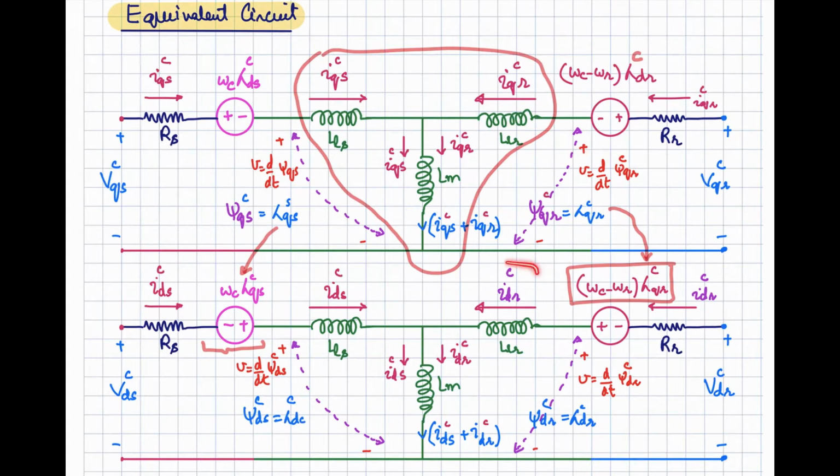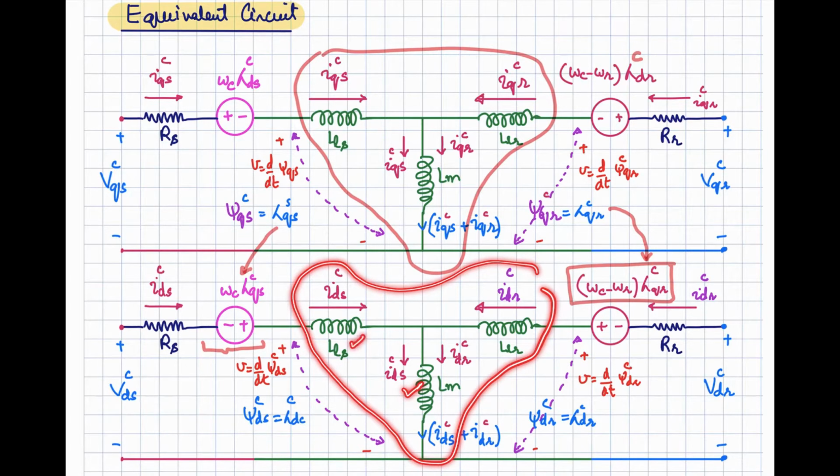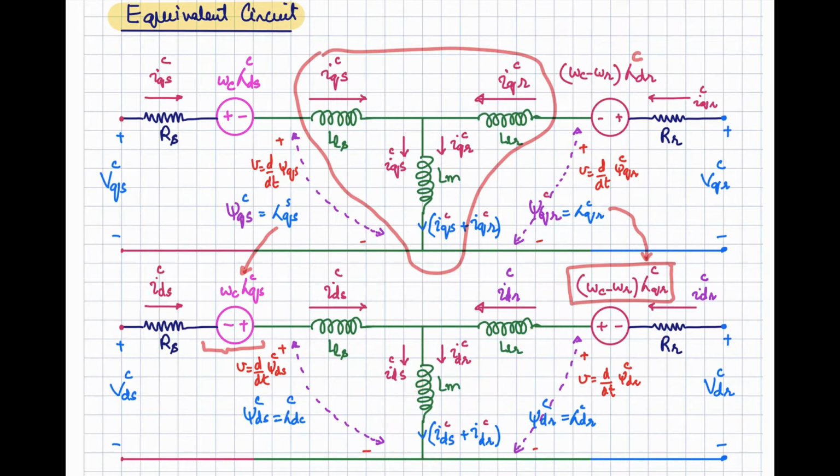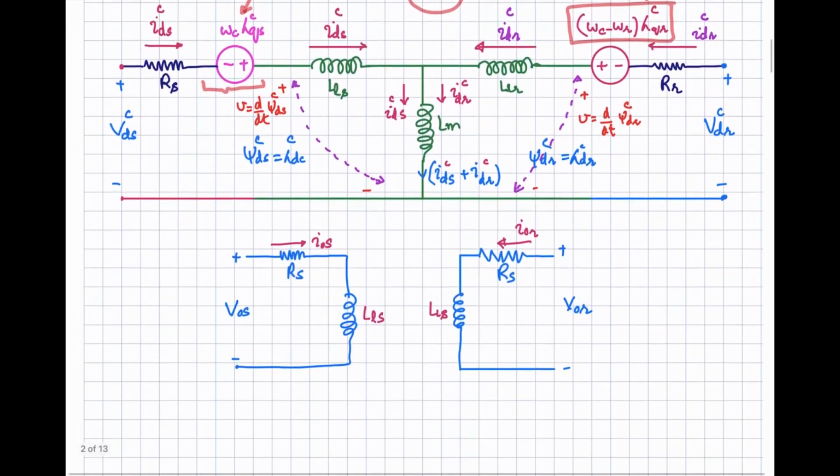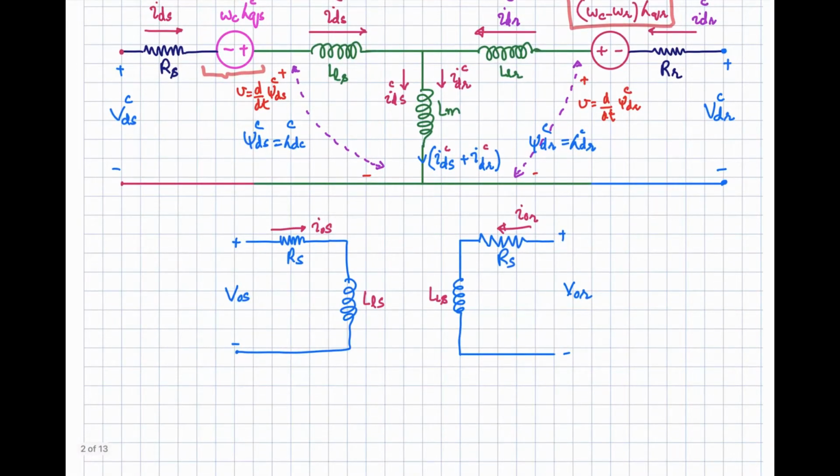And the same is there on the d-axis. You have a mutual inductance represented as LM. This is the leakage inductance of the stator along the d-axis, and this is the leakage inductance on the rotor side at the d-axis, right? And for the zero sequence component, the equivalent circuit is this one.